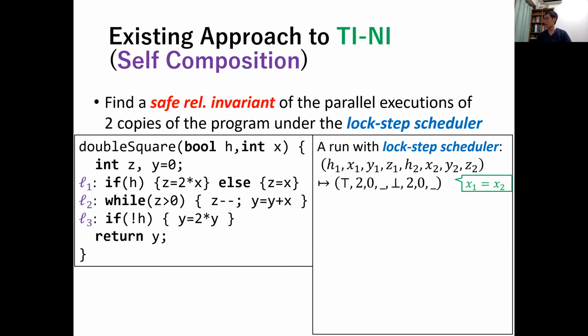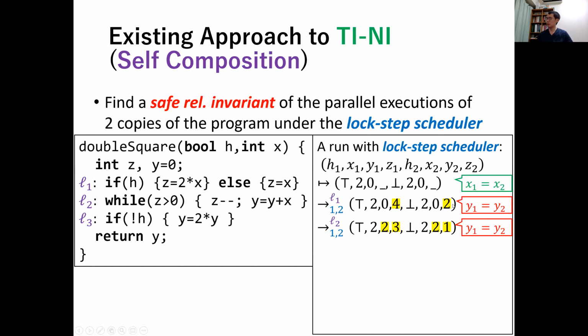Okay, so let's execute this on the lockstep scheduler. Now, in the first step, you go to L1, and this, as I just said, doubles. You set Z to be 2 times X in the first copy, and you set Z to be X in the second copy, and therefore, in the first copy, Z is 4, and in the second copy, Z is 2.